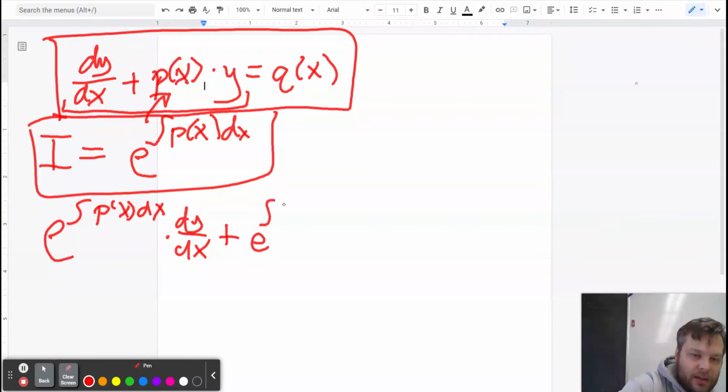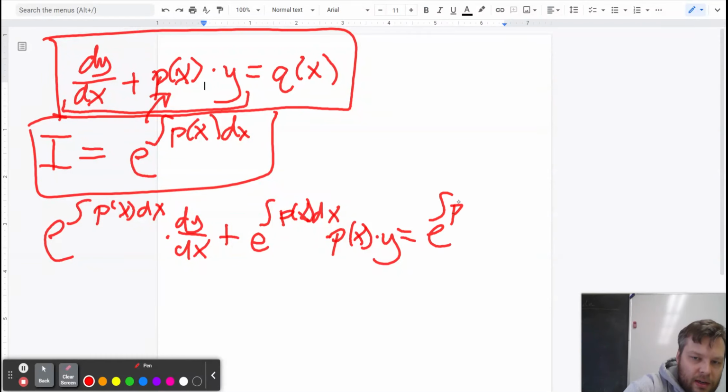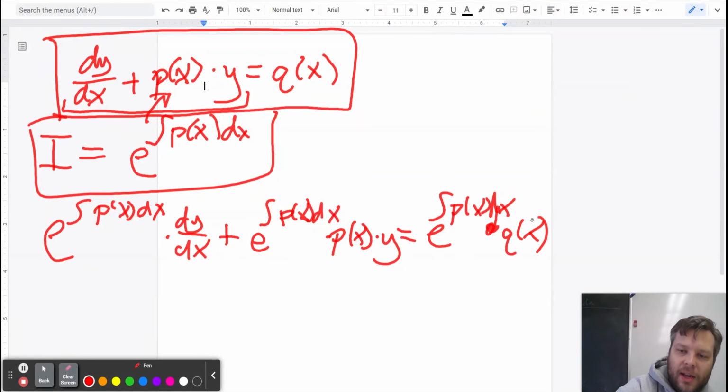I have e to the integral of p of x dx times p of x times y equals e to the integral of p of x dx times q of x. Now, when I first learned this, it's like, that just made everything a whole lot worse. Now we have e's and integrals and p of x's, and why is that better?